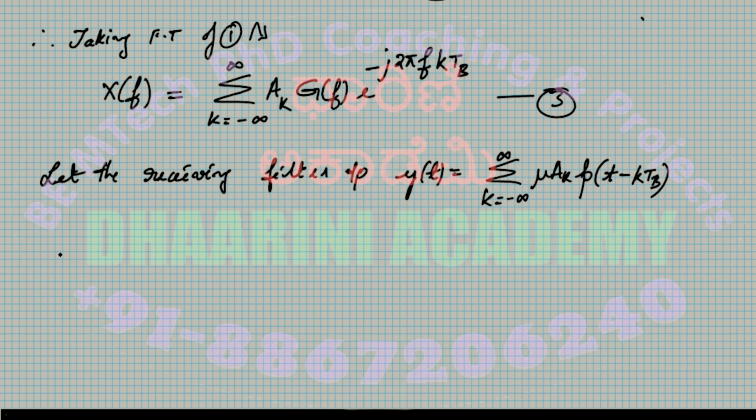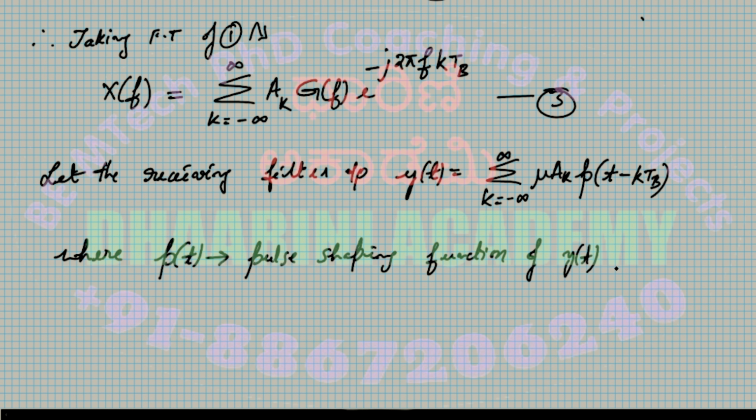Okay, so where, let's write the terms one by one. If I write the P of t somewhere, that means the pulse shaping function of the output, that is y of t, right? So there is a scaling factor mu.